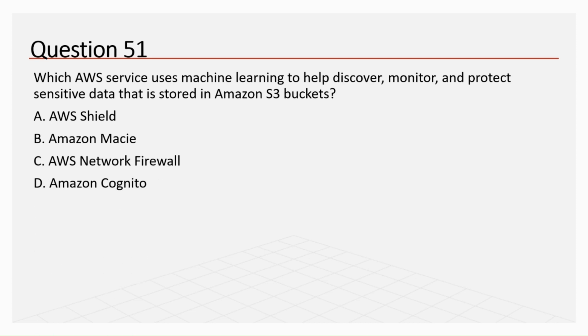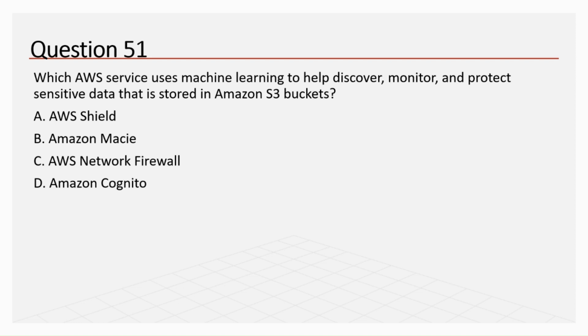Which AWS service uses machine learning to help discover, monitor, and protect sensitive data that is stored in AWS S3 buckets? And the options are AWS Shield, Amazon Macie, AWS Network Firewall, and Amazon Cognito. So you can rule out the options even after looking at them. Option A, AWS Shield, I believe, is used for DDoS attacks, so that is not an option.